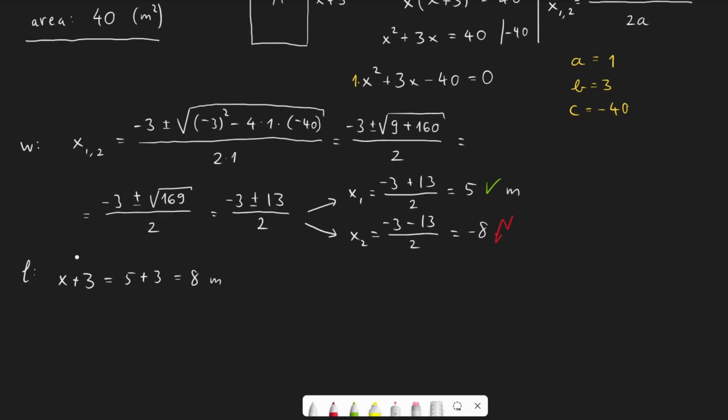So the garden width must be 5 meters, and the length of the garden is 8 meters. So this is our solution. These are the dimensions of the garden. And we can check that if we multiply the width by the length, then we will get 40 square meters, which is given here as a condition.